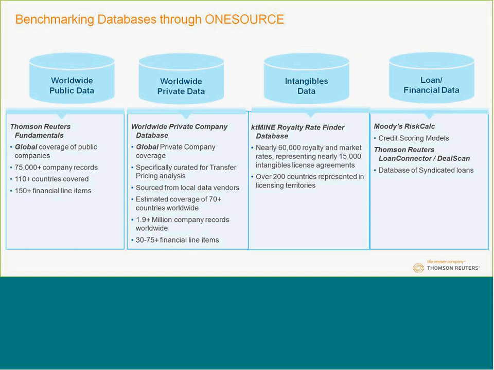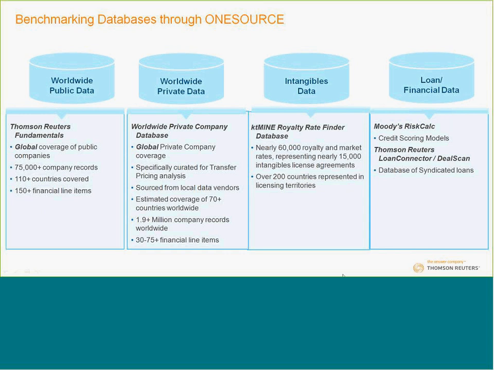On our benchmarking databases for transfer pricing, we have 4 specific databases. The first 2 are our worldwide public and worldwide private company data. These are Thomson Reuters proprietary databases.